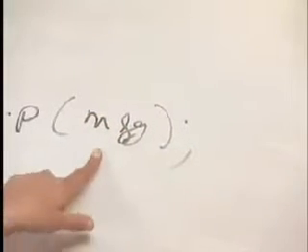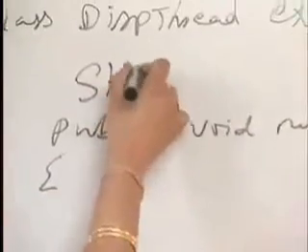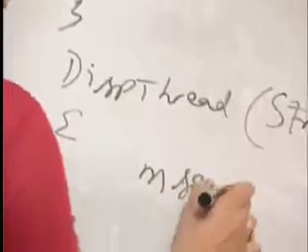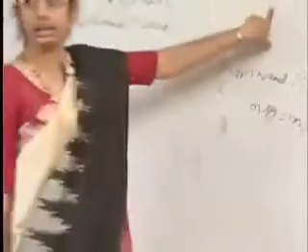But how do I access this local parameter out here in this method? Declare a variable here in the class to which you equate the local variable value and access the message in the run method.